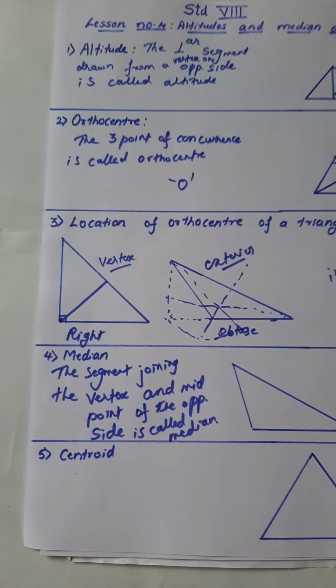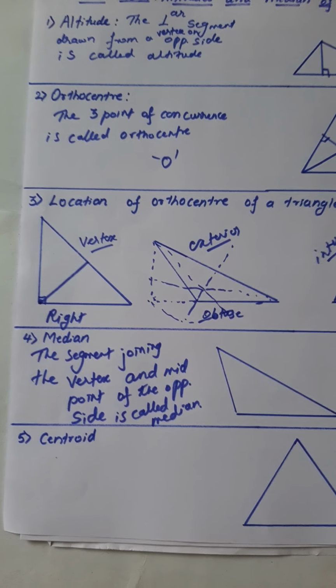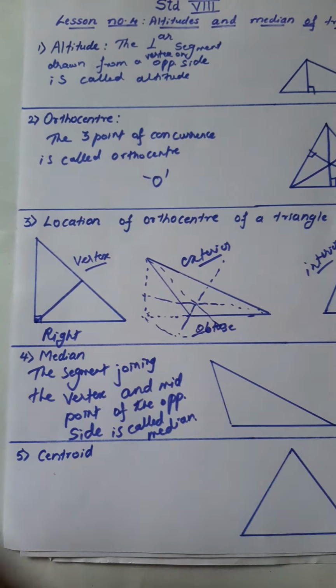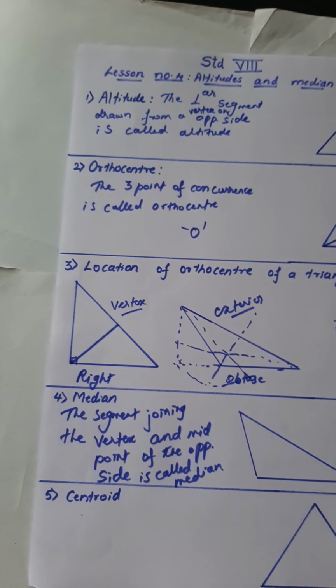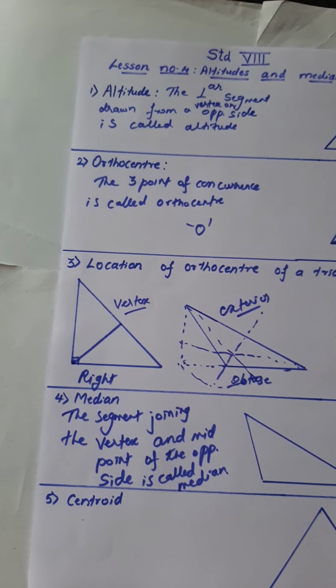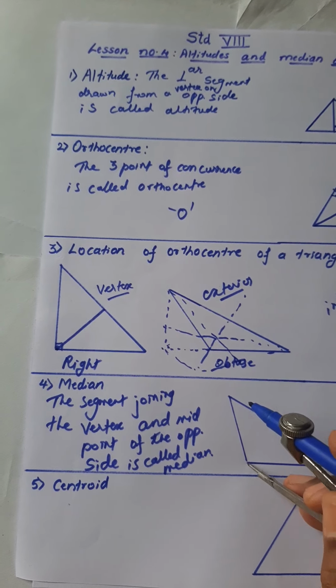Okay, now how will we draw the median? For a median we have to find the midpoint. For example, I will show how to draw a perpendicular bisector to this one side.